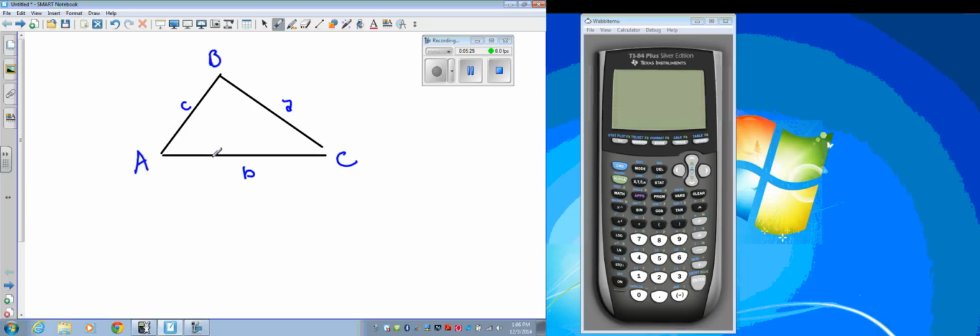Except there isn't a unique triangle when you have the 3 angles. 3 angles don't make a unique triangle. But if you have 2 angles and a side, any side, or 2 sides and any angle, that's a unique triangle. Does that make sense? Okay.